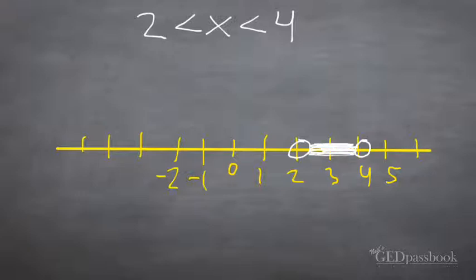That's how it looks graphed. X could be 2.1, 2.4, 2.5, 2.6, all the way to 3, 3.1, 3.2, 3.3, all the way to 3.9, but it cannot be 2 or 4. It could be any of those numbers in between. That's inequalities right there.